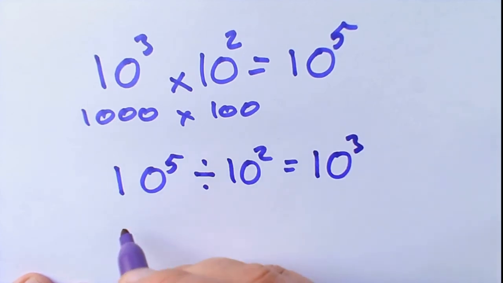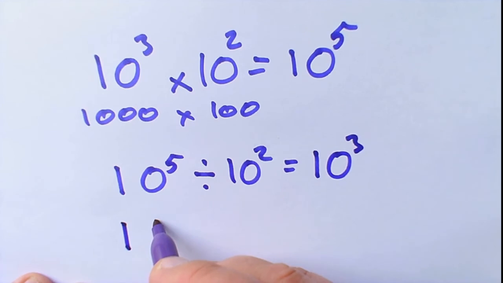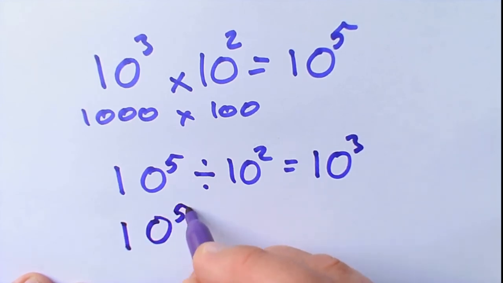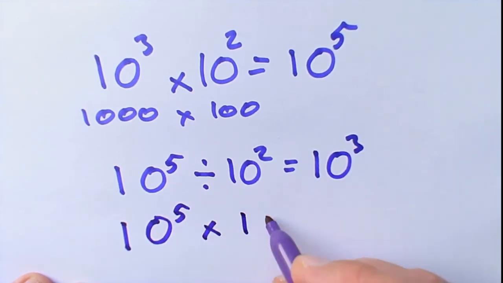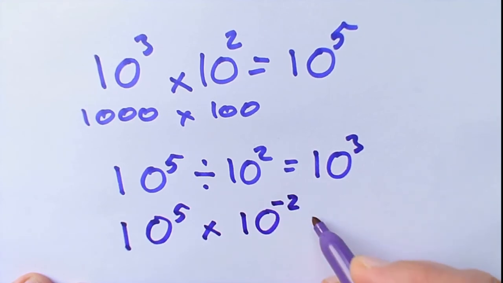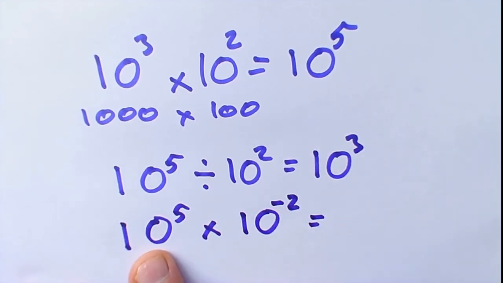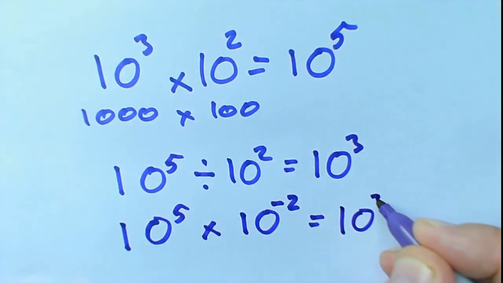But just have a look at this. If you had 10 to the 5 times by 10 to the minus 2, just have a think about that for a minute. What's the rule for multiplying powers? You add the indices, and that would be 10 to the 3.